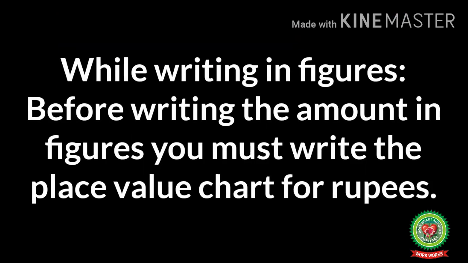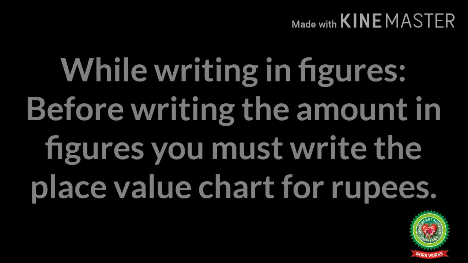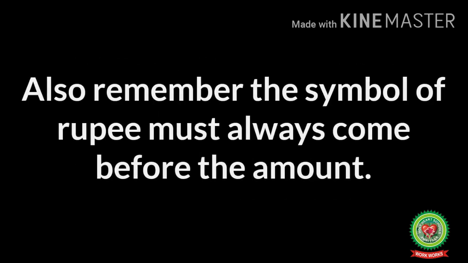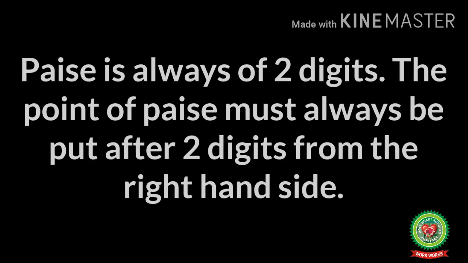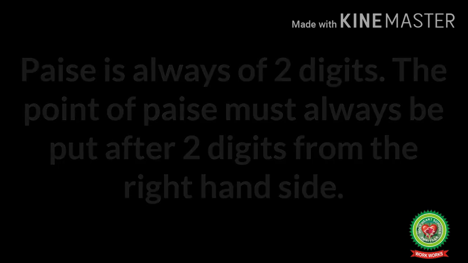While writing in figures, before writing the amount in the figures, you must write the place value chart for rupees. Also remember, the symbol of rupee must always come before the amount. One more thing to remember is, paise is always of 2 digits. The point of paise must always be put after 2 digits from the right hand side.